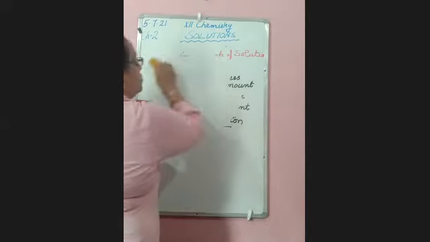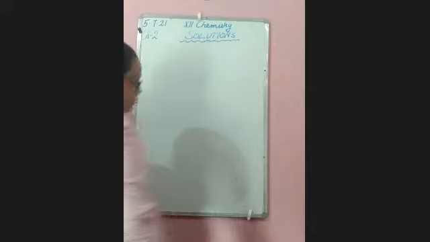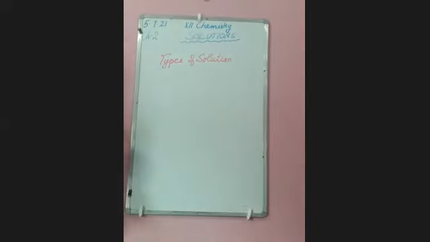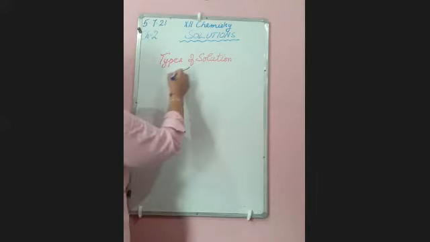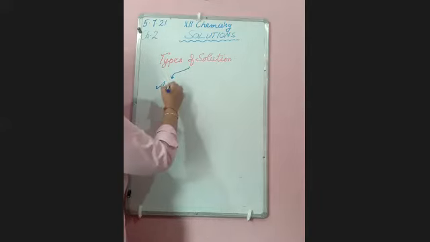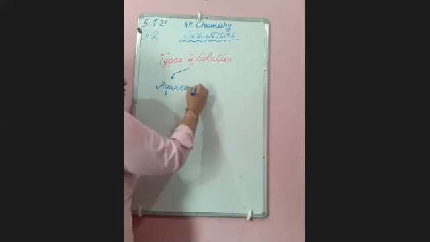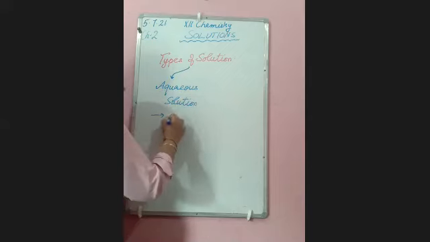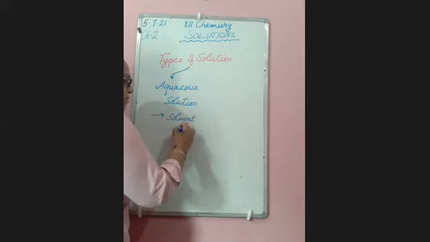Types of solution. See, there are so many types. First is on the basis of nature of solvent. Suppose your solvent is water, then it is your aqueous solution. Aqueous solution is that in which solvent is water.